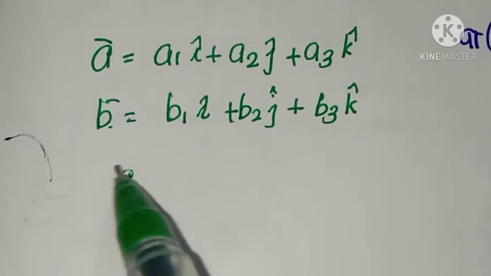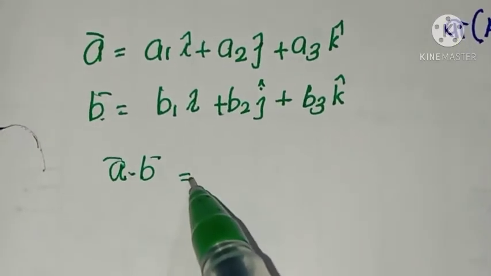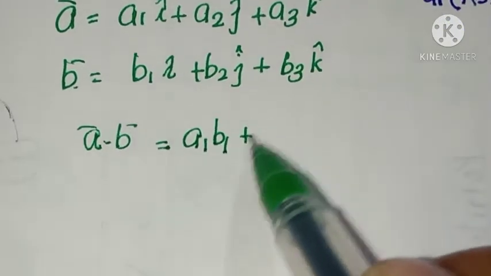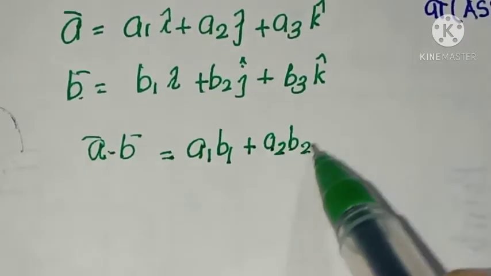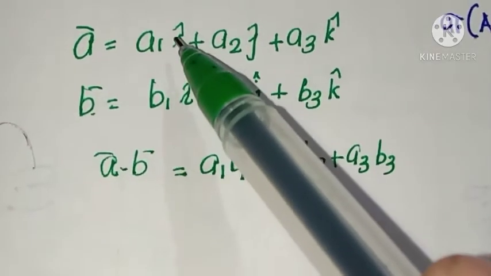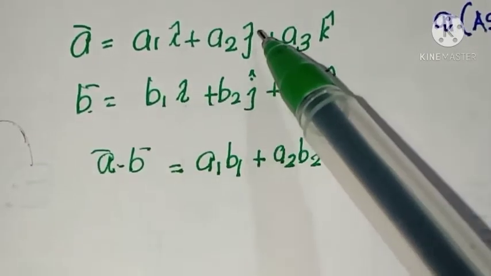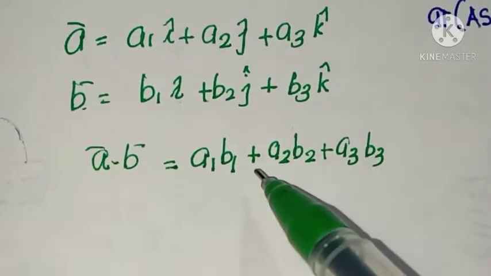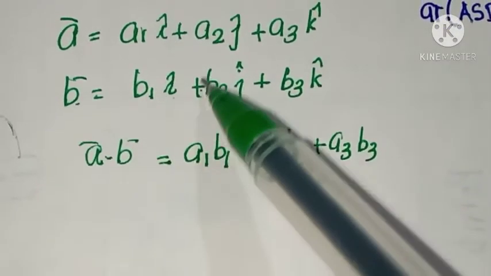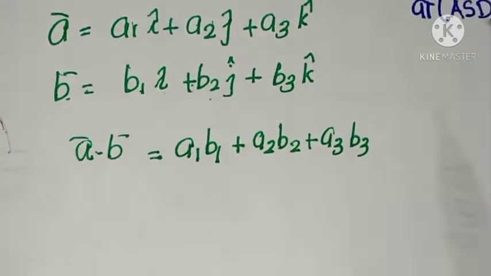Then we can find the dot product of the vectors by using the formula: a1 b1 plus a2 b2 plus a3 b3. Just multiply the coefficients of i, j, k and consider their sum.